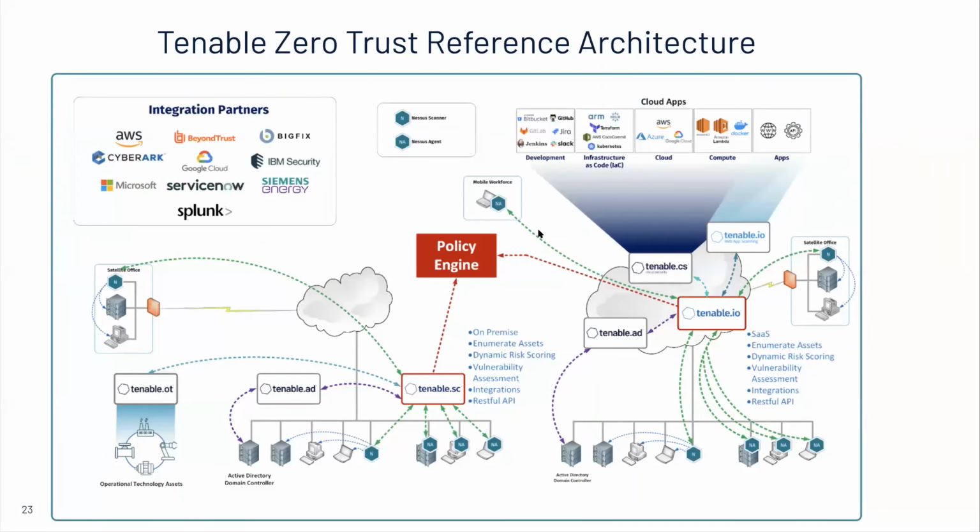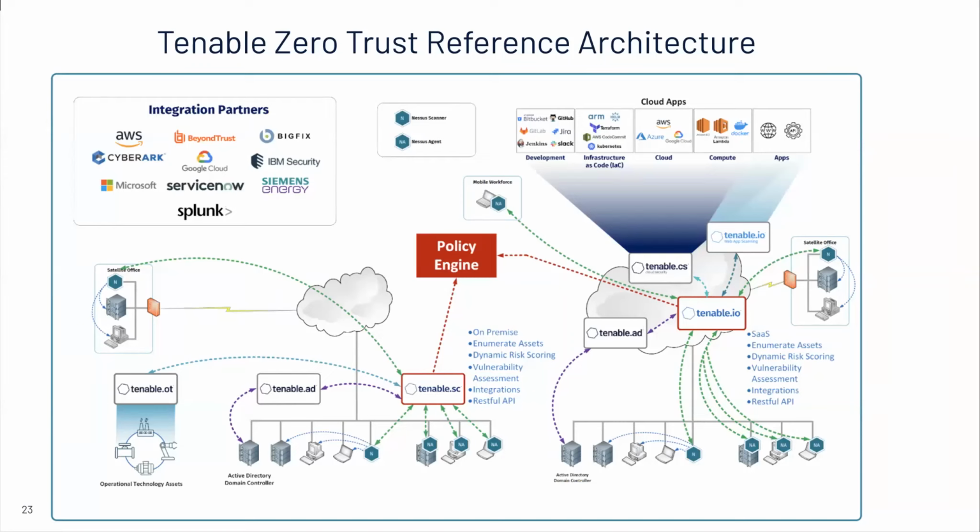From an architecture perspective, again, we'll all flow into that policy engine, whether it's an on-prem scenario or a cloud scenario. All of our different tool sets have full open APIs. Like Garrett mentioned at the beginning, we work with over 100 different vendors, 200 plus integrations with various products to help give this additional data to the policy engine to help it make a better decision.